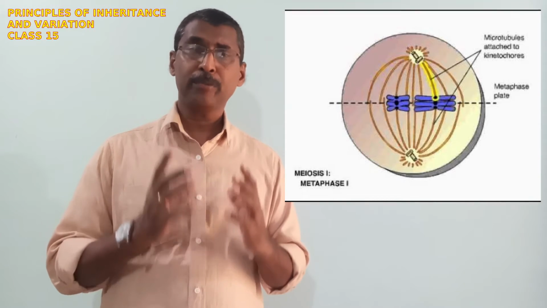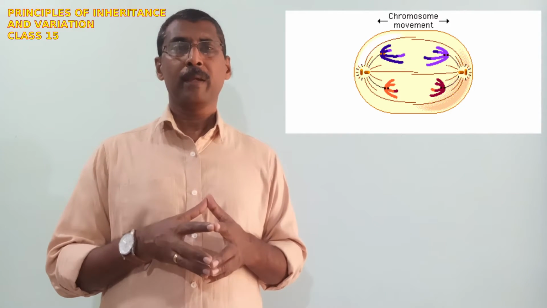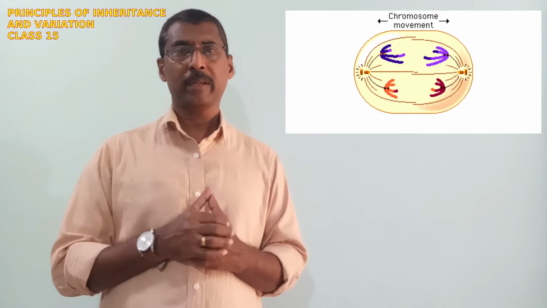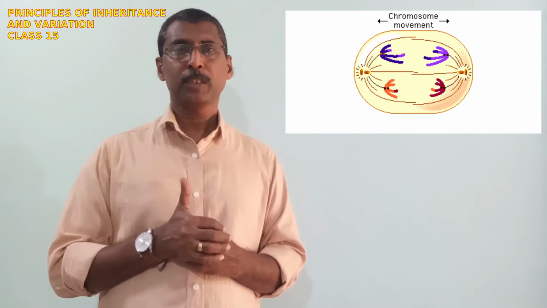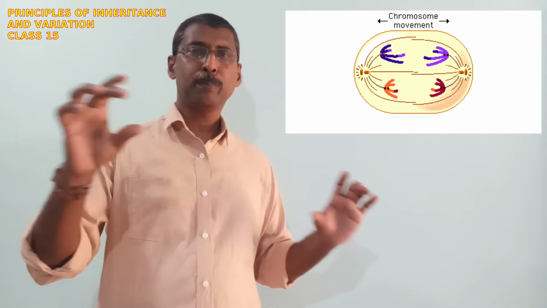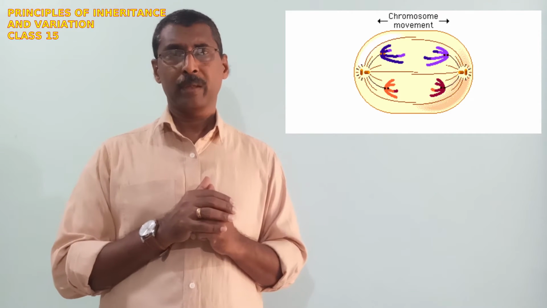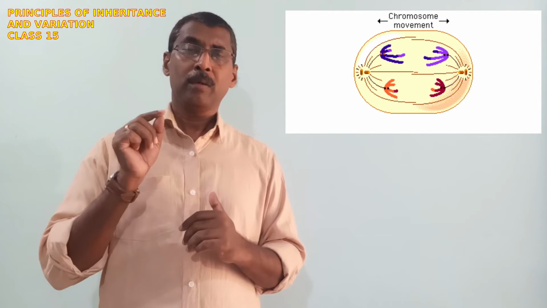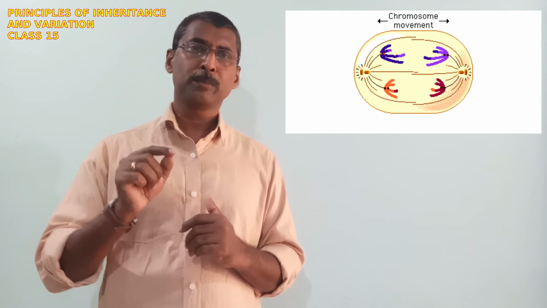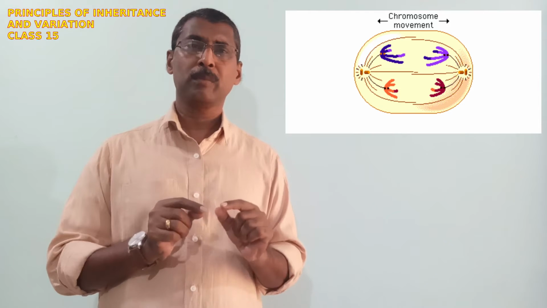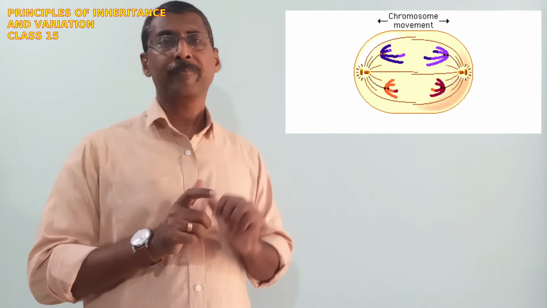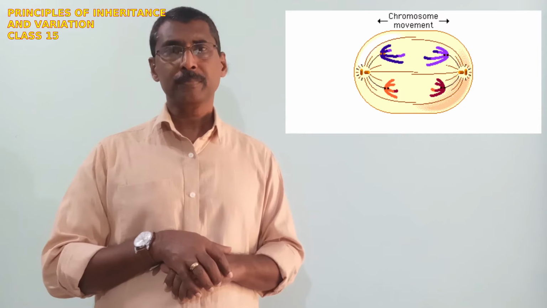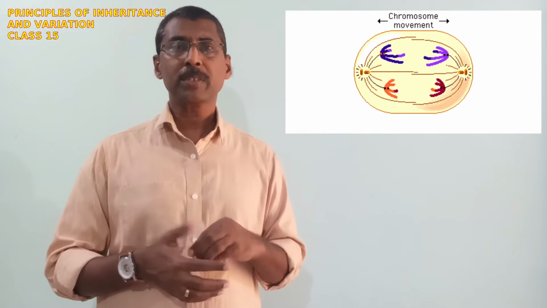And during anaphase, normally, these homologous pairs are dragged by contractile filaments, spindle fibers, to the opposite poles of the cell. So out of the pair of homologous chromosomes, one homologous chromosome would move to one pole and the other homologous chromosome would move to the opposite pole to become part of the daughter cells. This is what happens normally.